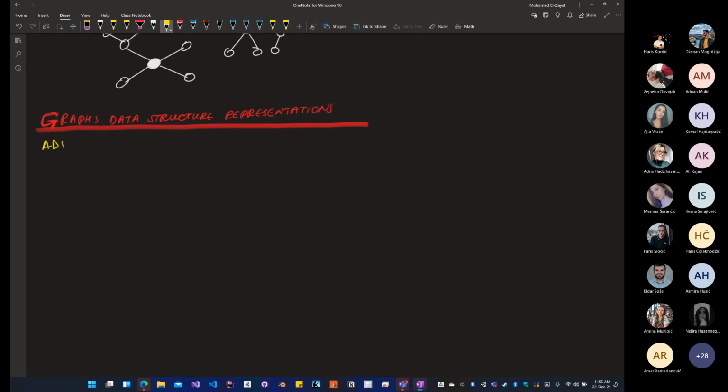So you have adjacency matrix, which is one way of saving data. And it's actually a very simple way, a very simple way of representing a graph.